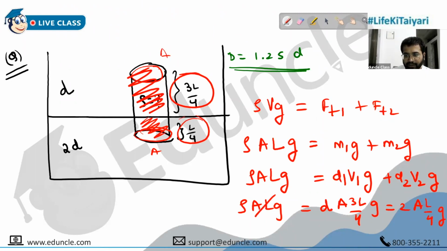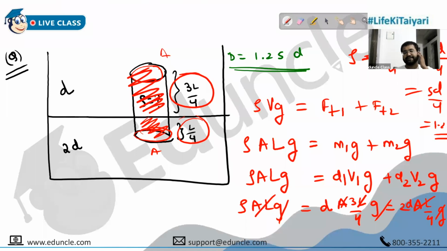So AL gets cancelled, gravity gets cancelled, and we have density equal to 3D by 4 plus 2D by 4, which is 5D by 4, and that's 1.25 times D. Absolutely correct. With this, we complete our classical mechanics revision here, unless you want me to take any specific topic again from classical. Anything else you want me to take from classical?